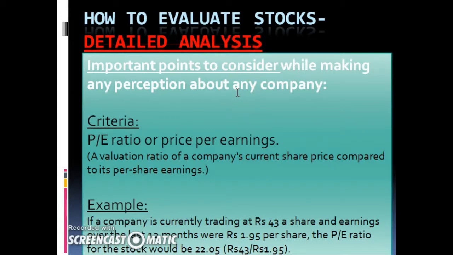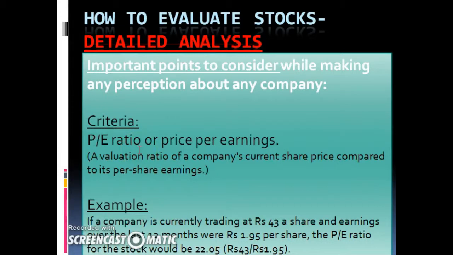For example, if you have 10 companies and you want to choose which one is best, or which one matters for your investment returns, the most important criterion to check is the P/E ratio, the price to earnings ratio.